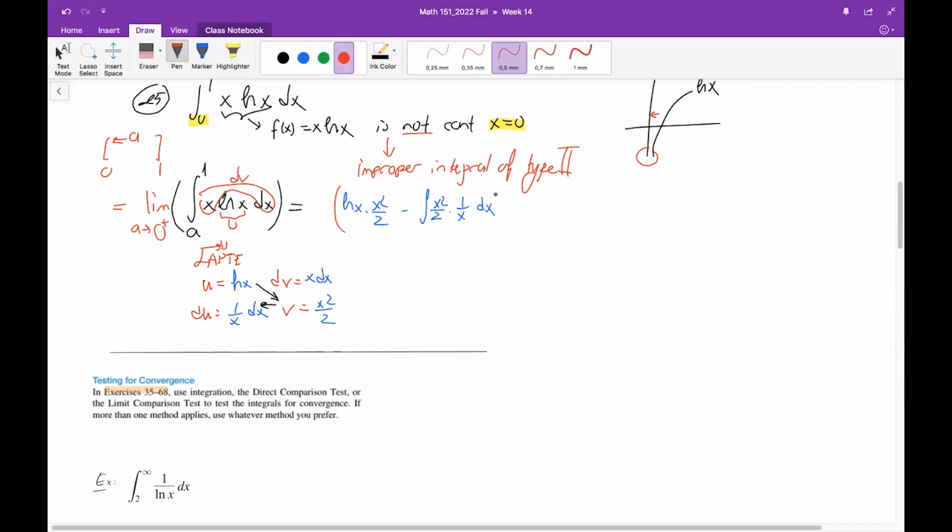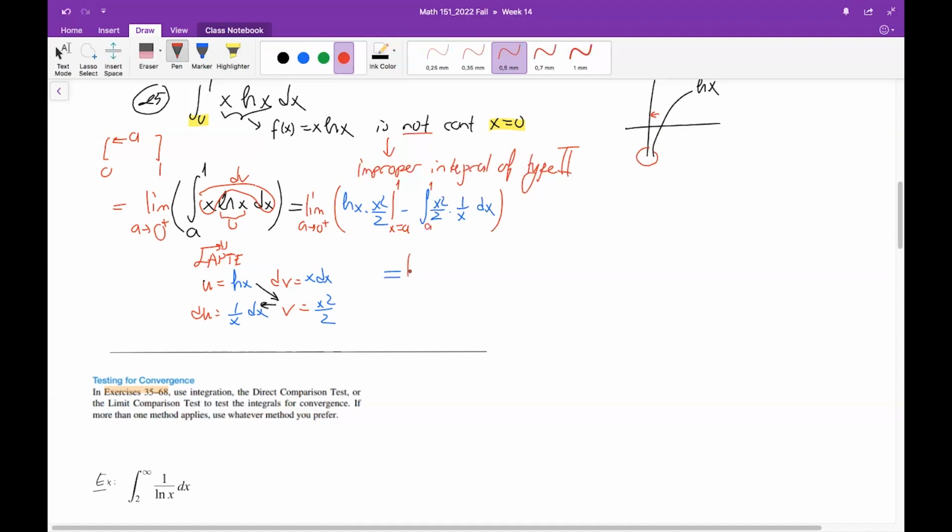And all those things are happening inside this limit, right? You got to put your limit. By the way, since this is a definite integral, you should also put boundaries here, where x runs from a to 1, okay? Then you can continue computing this line.